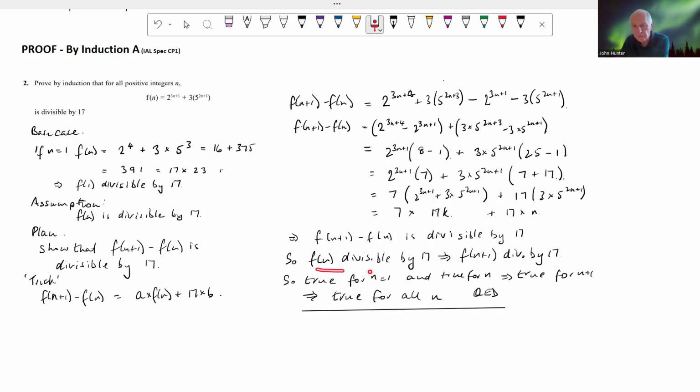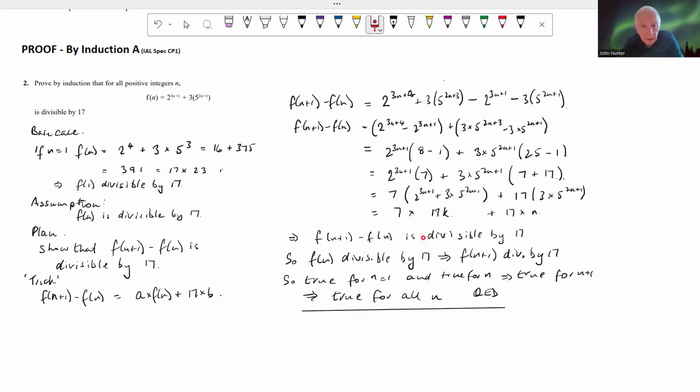So the fact that f of n is divisible by 17 by our assumption implies that f of n plus 1 is divisible by 17. And so being true for n equals 1, and being true for n implying it's true for n plus 1, it is true for all n which are positive whole numbers.